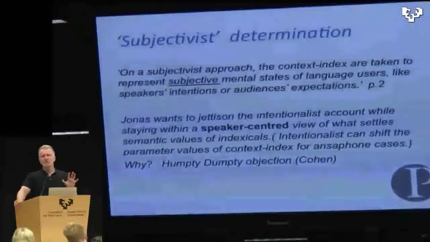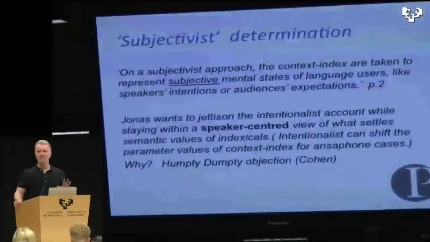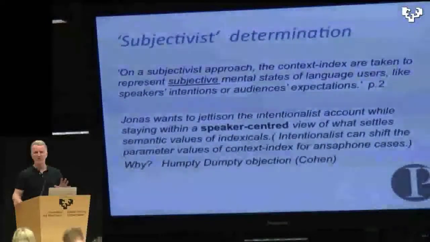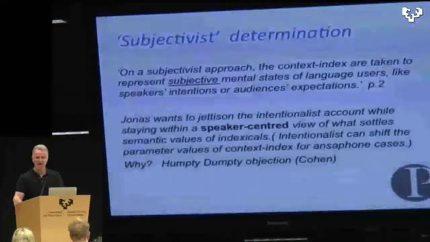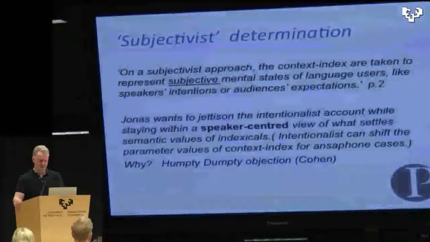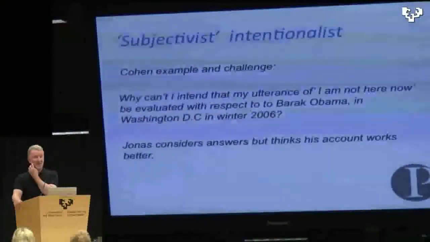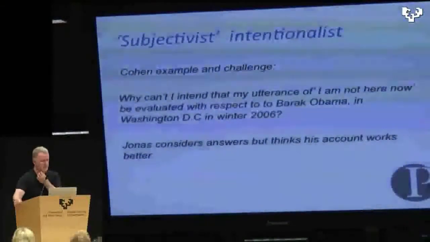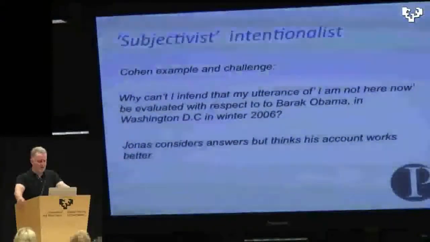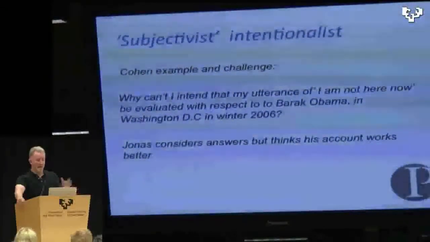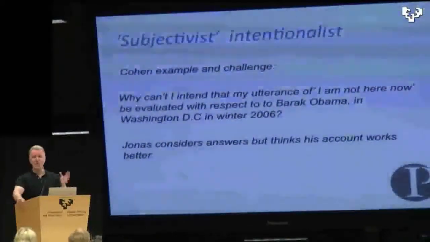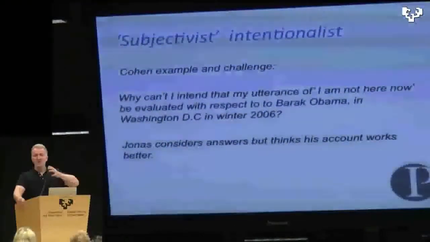But why does that kind of freedom allowed to the speaker by their intentions, why does it cause problems? Well, we saw Jonas telling us because of Humpty Dumpty cases, and we have the Humpty Dumpty case that Jonathan Cohen provides recently. Why can't I intend that my utterance of "I am here now" be evaluated with respect to Barack Obama, Washington, D.C. in winter 2006? Why not?